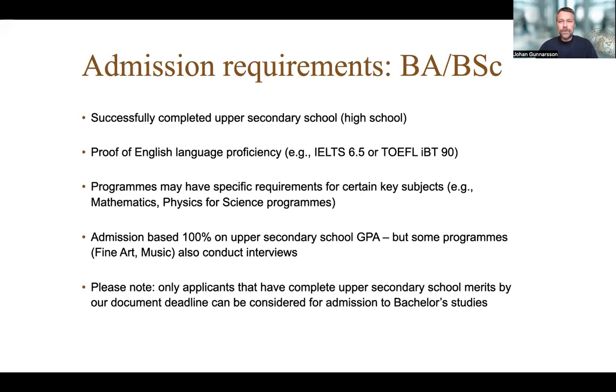The admission to our bachelor's programs is based 100% on your final upper secondary school GPA. So that is how you compete, basically. If you have very strong, very good grades, you have a chance to be considered for admission to these programs, provided that you fulfill the requirements, of course.